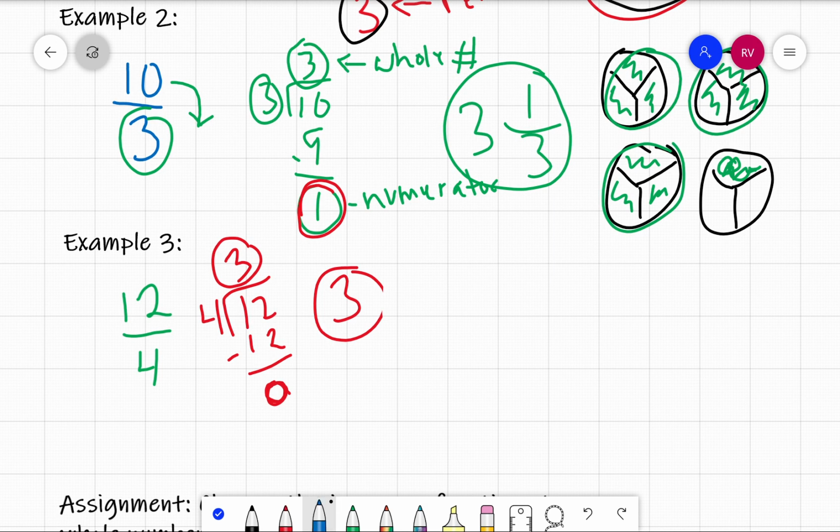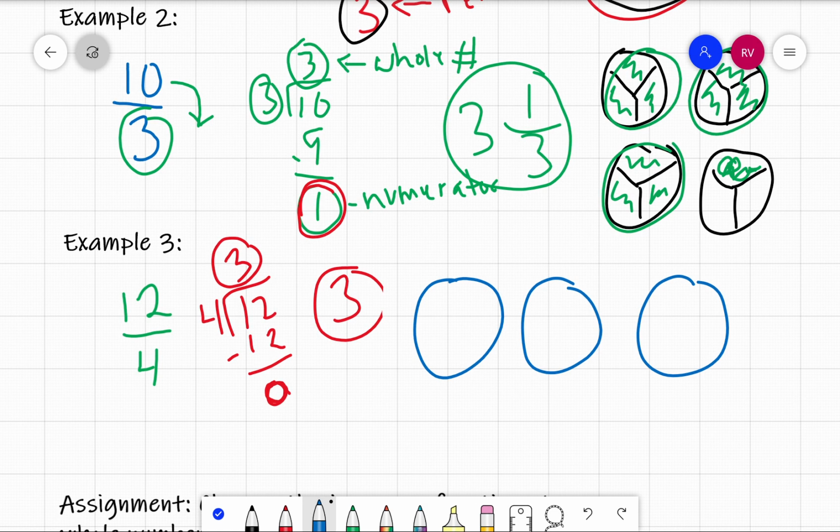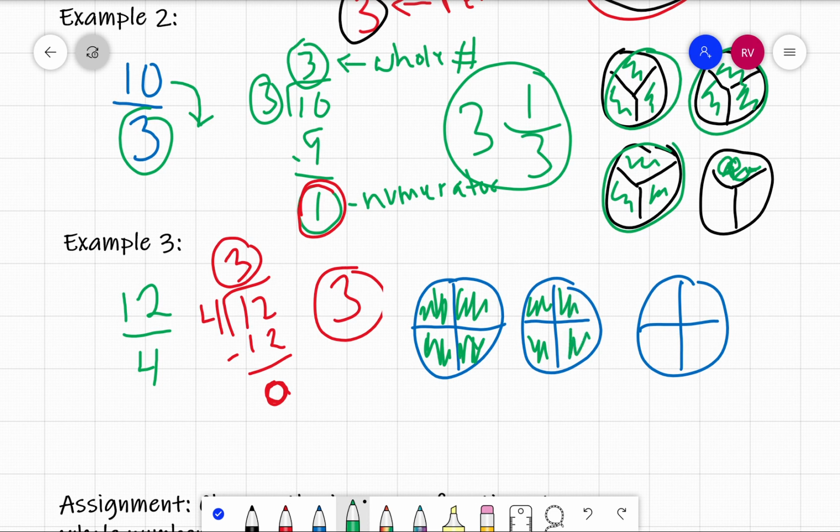Obviously if our whole number is 3, we know we're going to need 3 circles. And they are fourths. It's a nice easy one to split up. Now we're going to prove that 3 is equal to 12 fourths. So if we count these out and color them in, 1, 2, 3, 4, 5, 6, 7, 8, 9, 10, 11, 12.